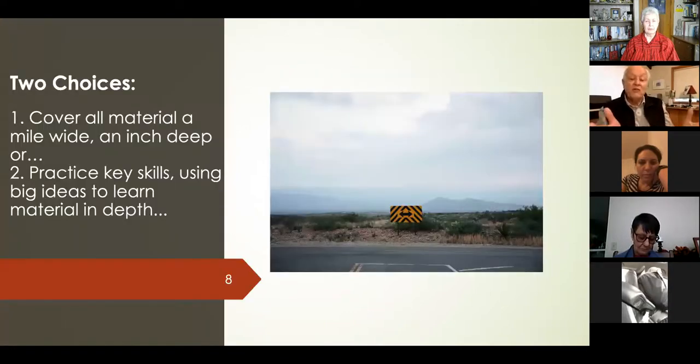So the two choices that you have are always, am I going to cover all the material, and maybe it's just going to be an inch deep and a mile wide, or am I going to practice key skills using big ideas to learn materials in depth? You always want to do both of these, but sometimes it's not possible. So you're always having to make choices as to what's going to work the best to get achievement.